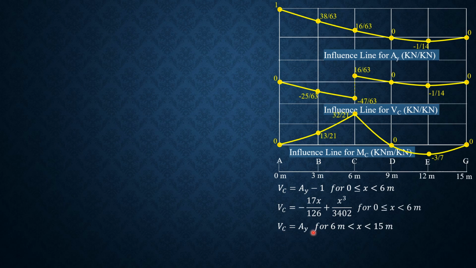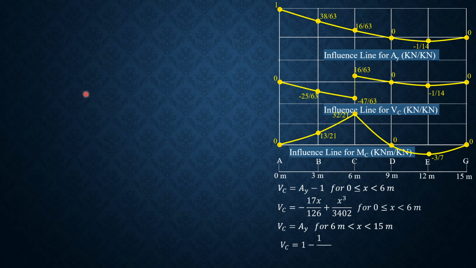Therefore, in particular for 6 to 15, V sub C is AY, but from 6 to 9 we have the 1 here, while from 9 to 15 the expression is different because AY has the term 1/6 of (x minus 9) cubed minus 15.84x plus 48.6. The first term was, I think, x cubed over 15.